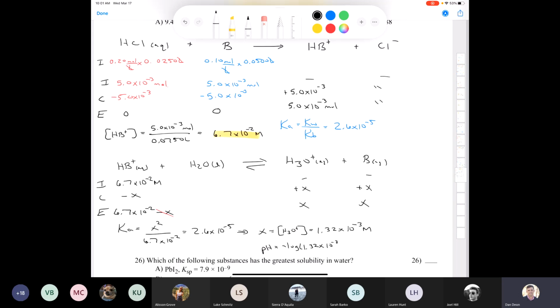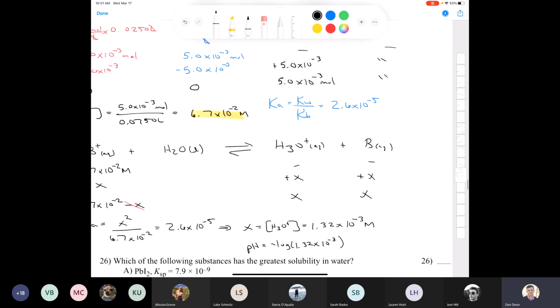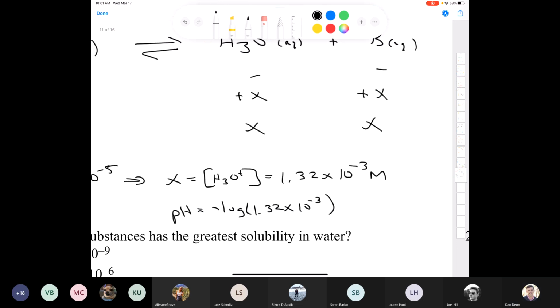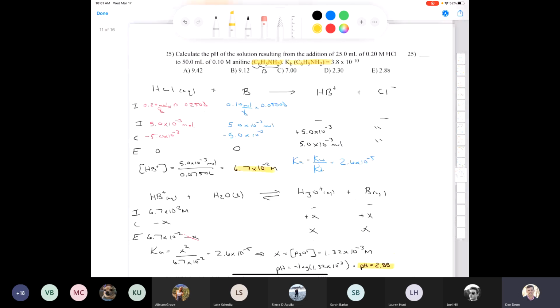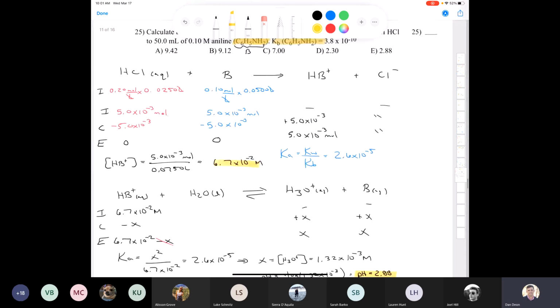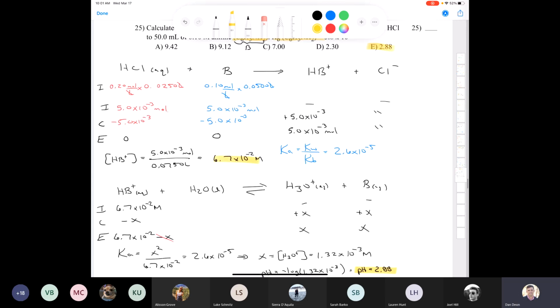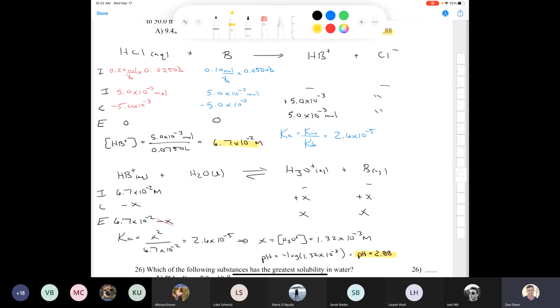Yes, again, I know I'm carrying an extra sig fig. I'm just doing it for the heck of it. And I can only have 2 decimal places because I only have 2 sig figs to work with. I get that my pH is going to be equal to 2.88. And that had better be one of the answers. Yeah, it's E. There we go, like that. So just some ICE tables.